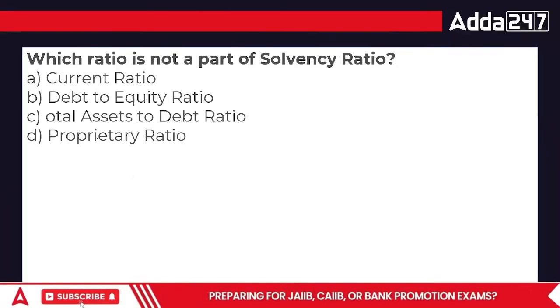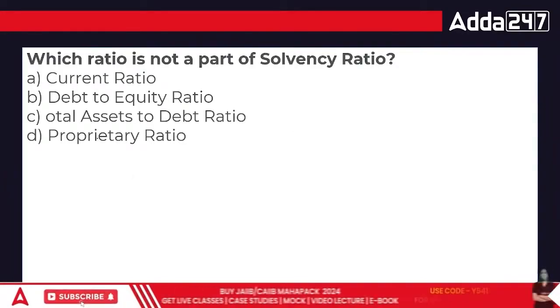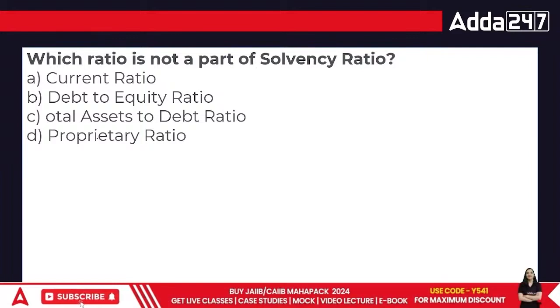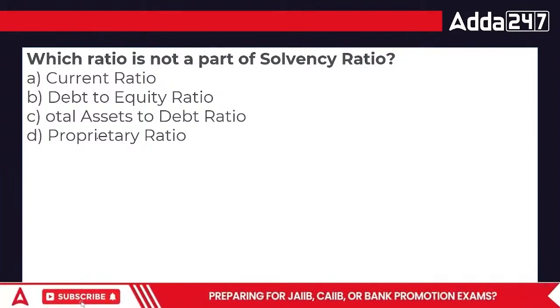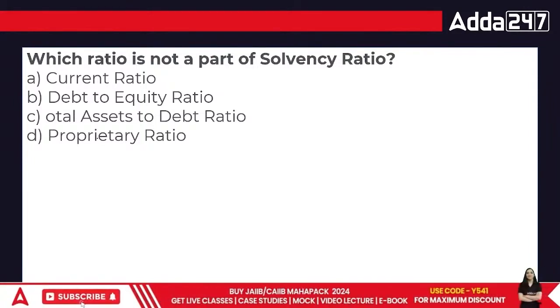Done. Next question. Which ratio is not a part of solvency ratio, everyone? Current debt to equity, total asset to debt ratio, or proprietary ratio?